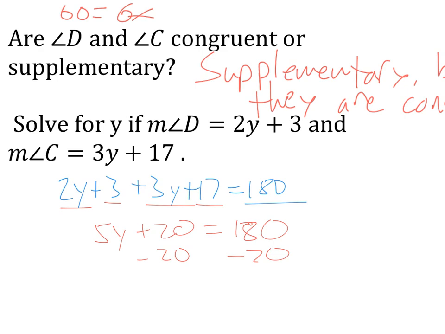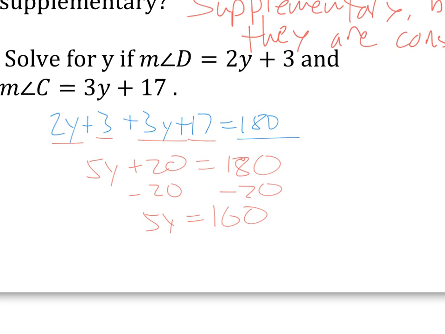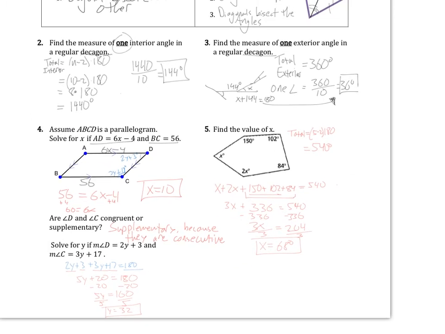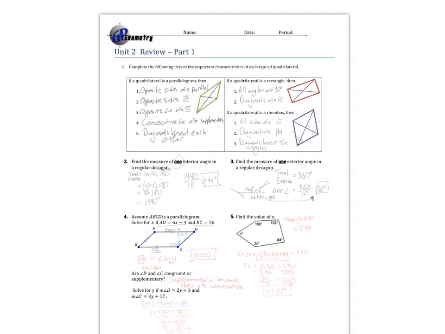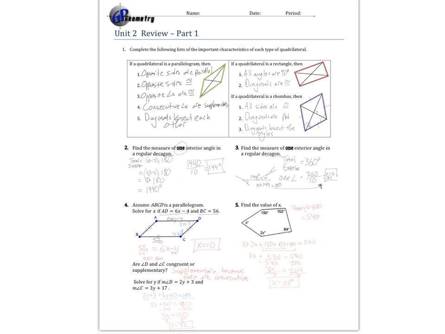And we've got 5y equals 160. And let's divide by 5. And we get 32. Okay? So that's the idea there. All right? So let's move on and check out some more.